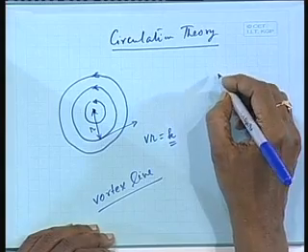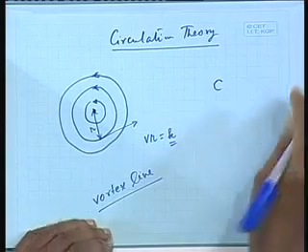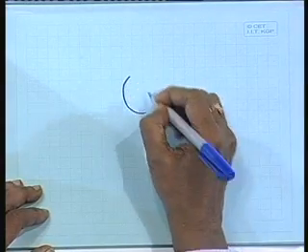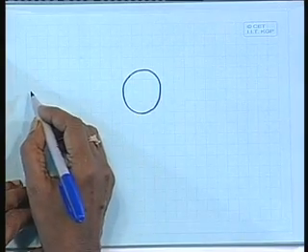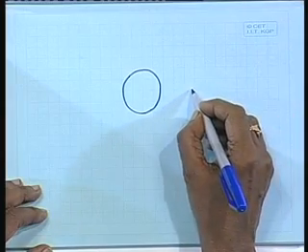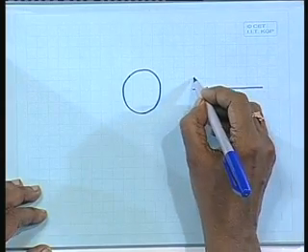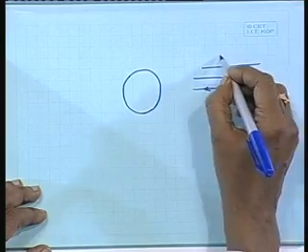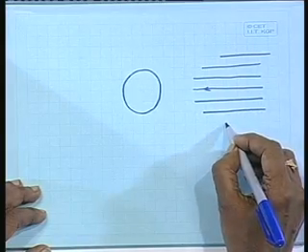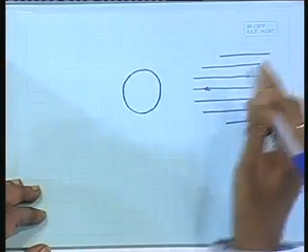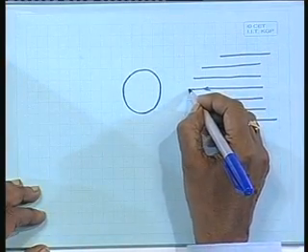Okay. Now, let us see flow around a circular cylinder. Let me draw on another paper. If I have a circular cylinder and a uniform stream of flow is coming onto it, how will the flow change?